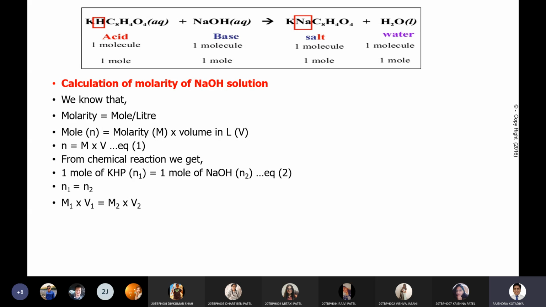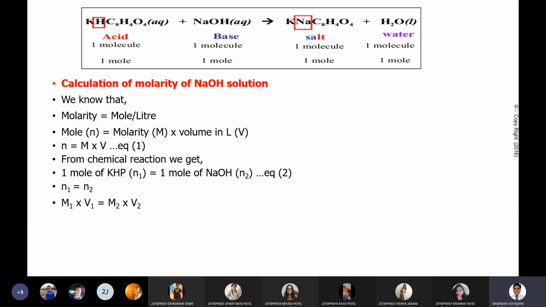Based on that, for n1 we can take M1 V1, and for n2, M2 V2. Now what are M1 V1 and M2 V2? M1 is the molarity of KHP. V1 is the volume of KHP, which we have taken in the conical flask.